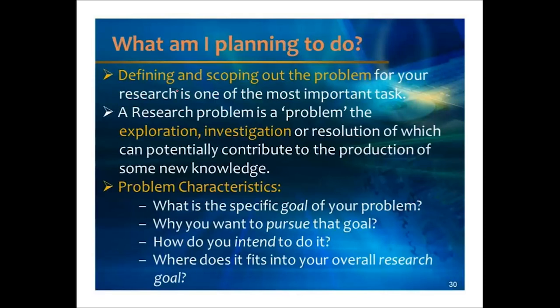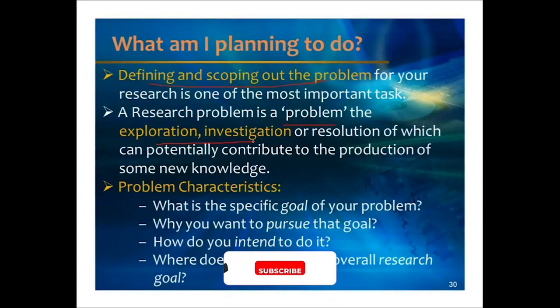Now, before going to that, after making the survey, we need to define the scope of the problem. What actually does a research problem mean? A problem may be in the surrounding of your college, or the surrounding of your area. We have to do the exploration and investigation. For what purpose?